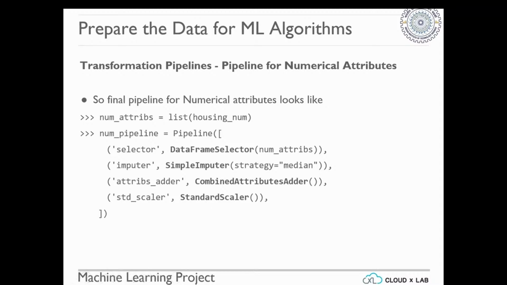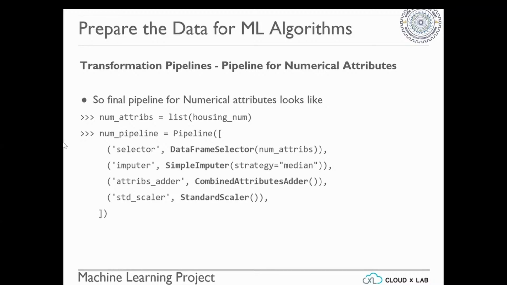Okay, so now we have two types of attributes in our data set. The first category is where we have numerical values, and the other category is where we have categorical features, right?